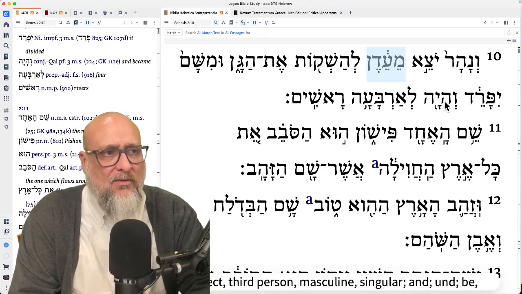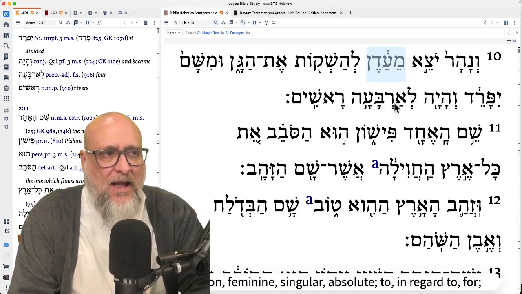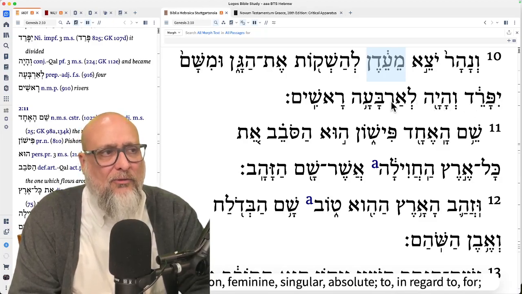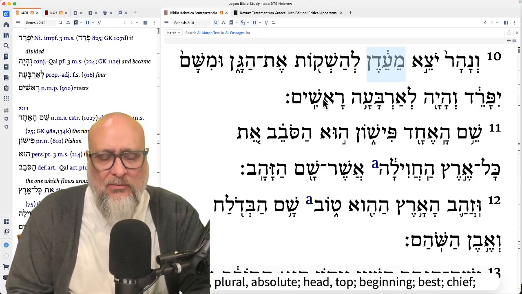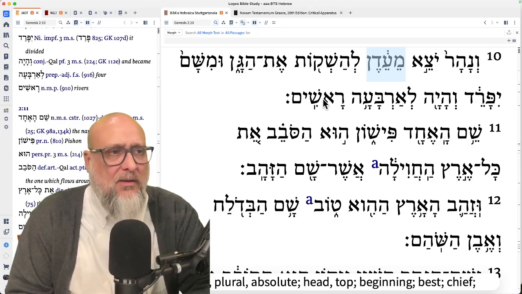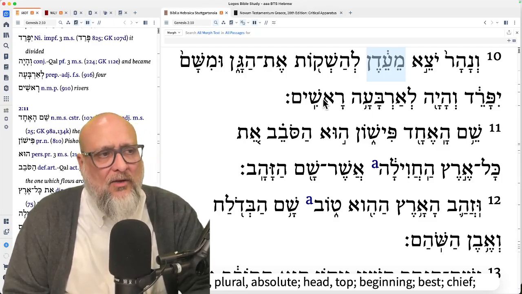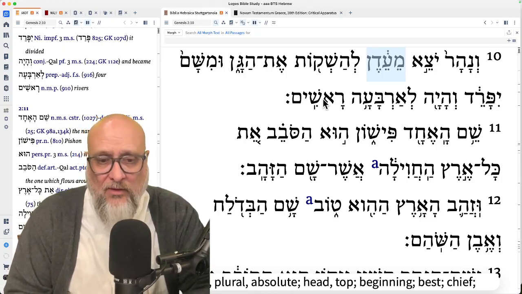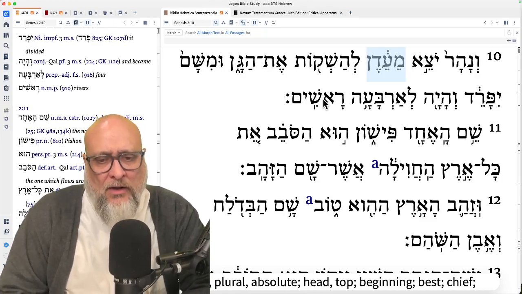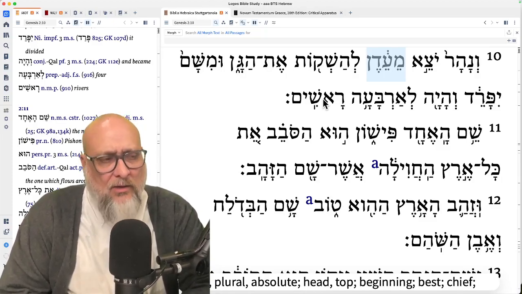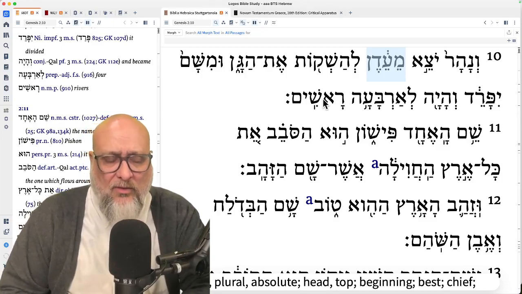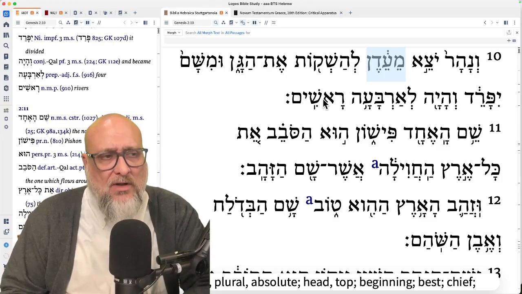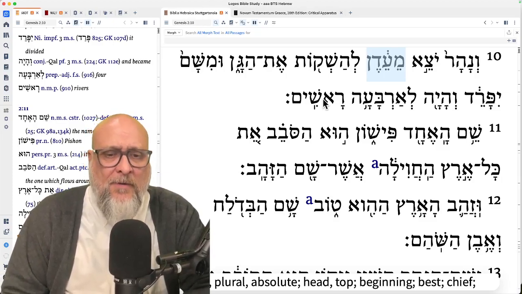So the river was divided, and it turned into 4 heads. And so it seems like the easiest explanation is that one river splits. So normally that isn't the way rivers work, except in deltas. You don't have a river that splits into multiple rivers, but this one splits.